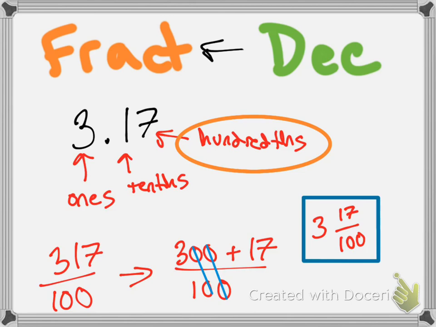But for our factors of 17, we already know it's 1 and 17. Dividing by 1 does nothing for us. So we would have to divide by 17 in order to get an answer that actually mattered. So because 100 is not divisible by 17, we know that is the answer. So that is how we go from a decimal to a fraction.